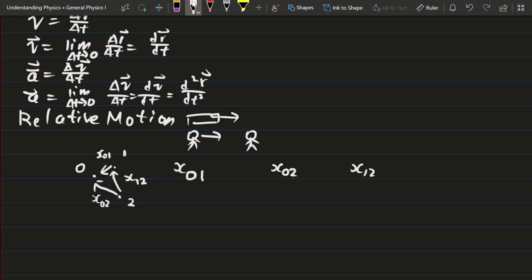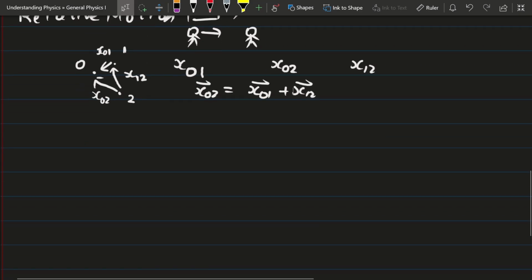And if you see this, you could see that the x02 vector is basically the x01 vector plus the x12 vector. So okay, this is just simple geometry in which you could figure out the position of the object compared to another object.